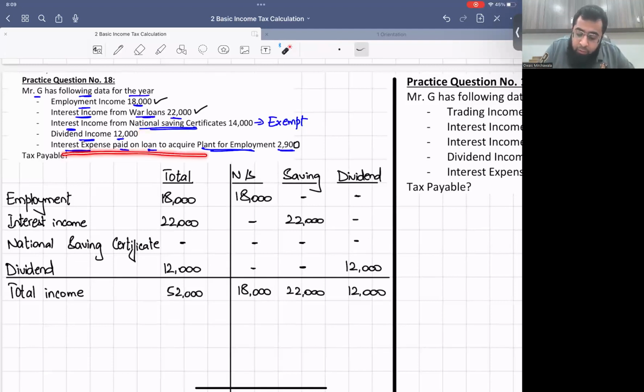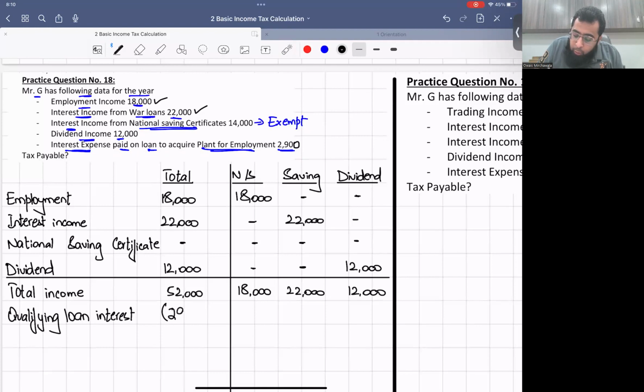Now we have this interest expense paid on loan to acquire plant for employment. This is called qualifying loan interest, 2,900. We will adjust it in the total and in the column of non-saving.